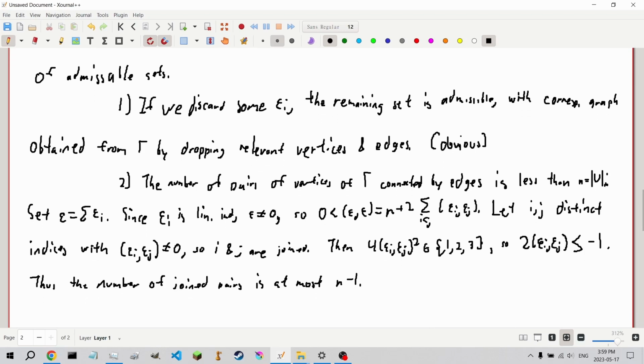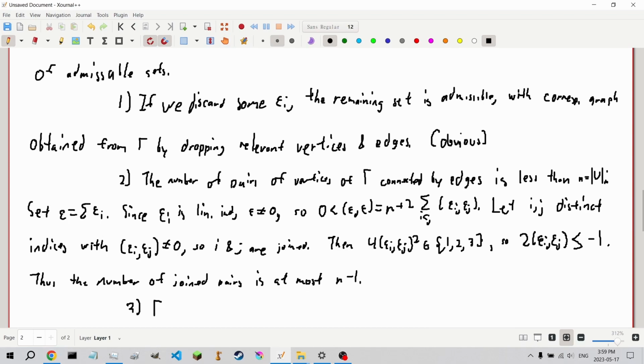Which has an immediate obvious consequence that lambda does not contain cycles. A cycle would be a graph, I guess, is more clear in this sense.